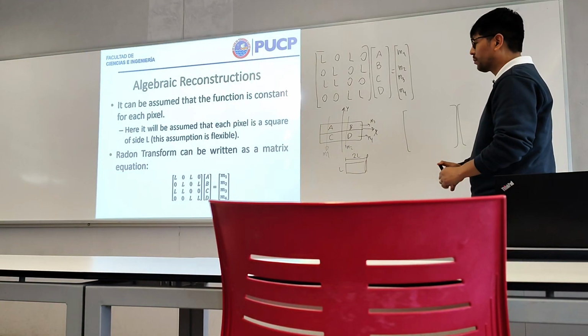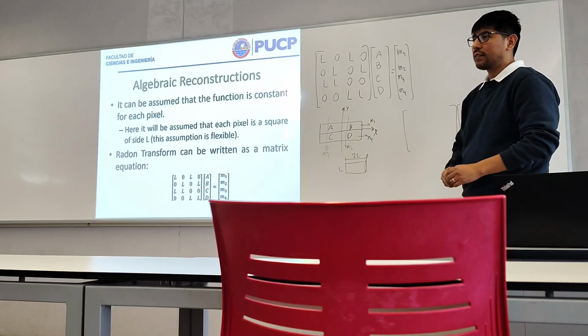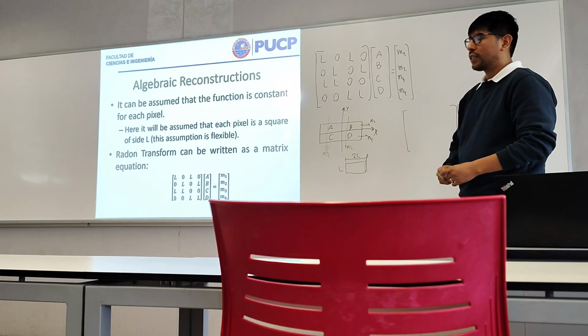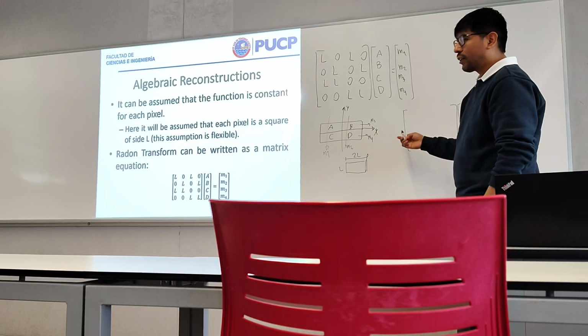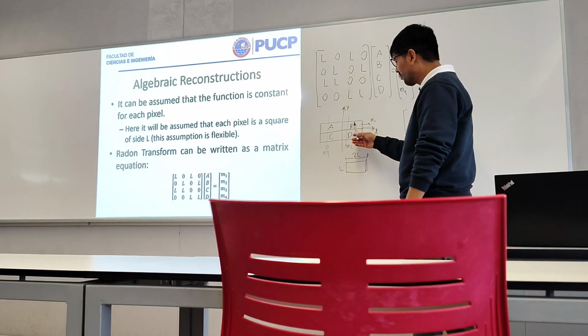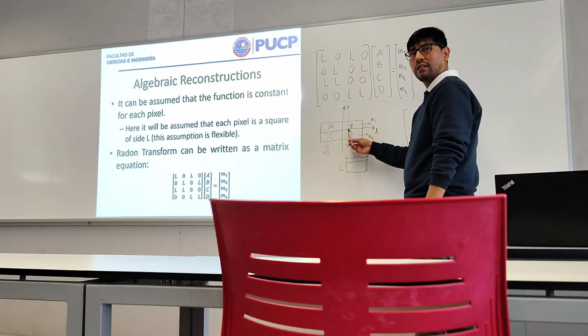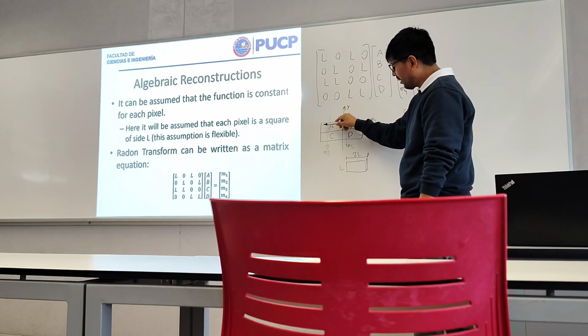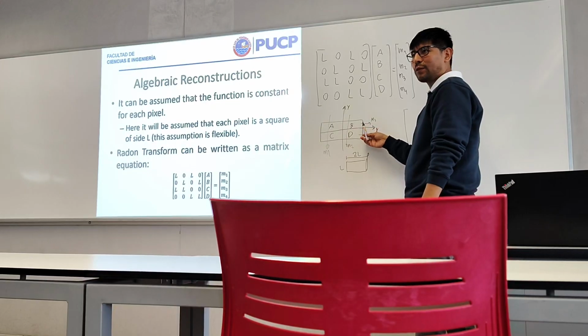What would change? This is for you to see the difference here. What would change in the matrix? In the matrix, it would change only in M3 and M4 because here we have more distance. So instead of only L distance, now we have 2L, and B also 2L.